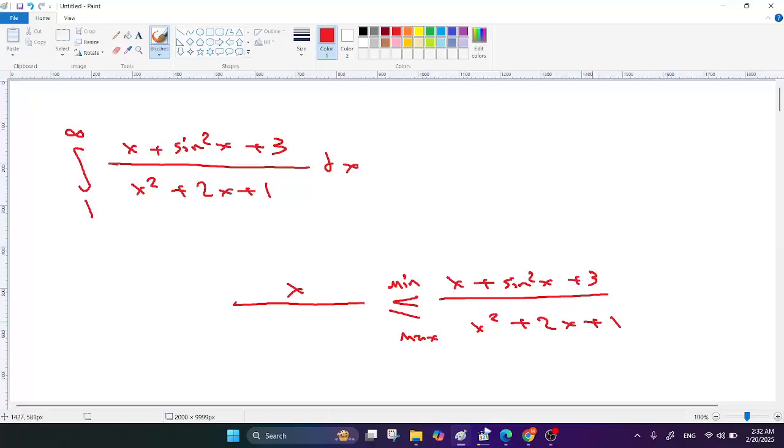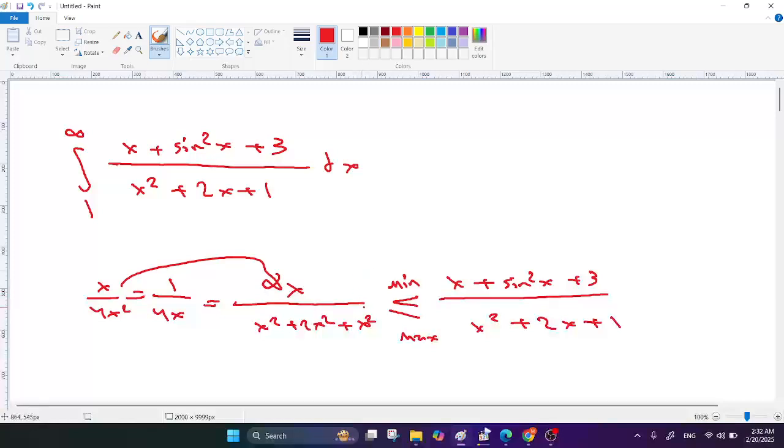Then maximize the denominator. You get x squared plus 2x squared plus x squared, because we are maximizing it. So x over 4x squared. You get 1 over 4x.